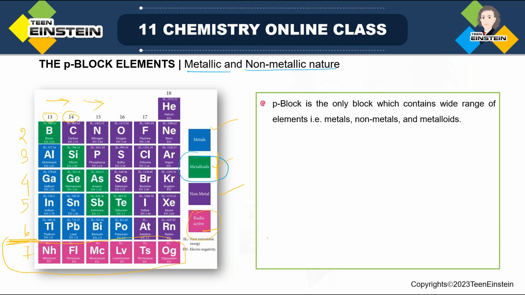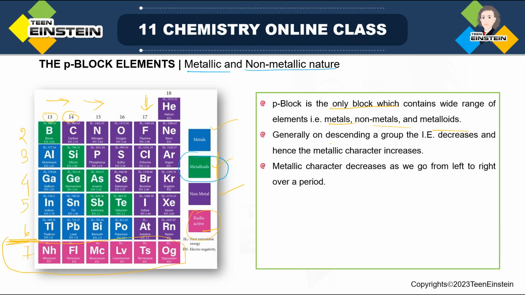When you reach group 17, all are non-metallic in character. So the p block is the only block which contains a wide range of elements: metals, non-metals, metalloids. Even in the d block you will see mostly metals, and in the s block the same thing. But the p block is the only block where you can see this type of versatility.